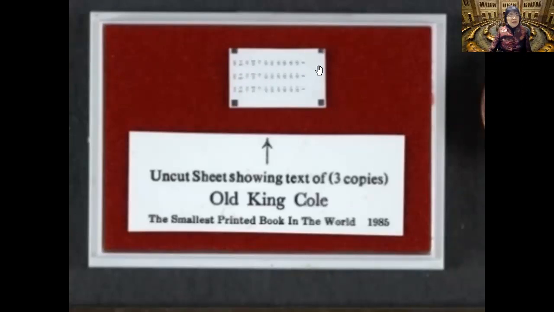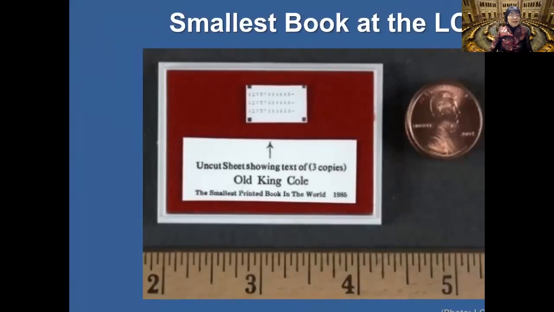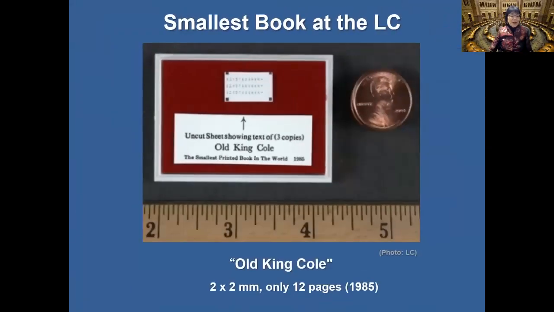So you can lay out all these 12 pages in three copies in a row. They called it the smallest printed book in the world, at least in 1985. Now it's almost 40 years later. I don't know whether somebody else produced another one. But this is very impressive.